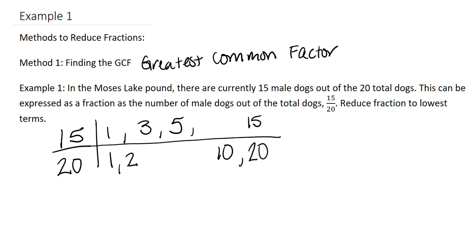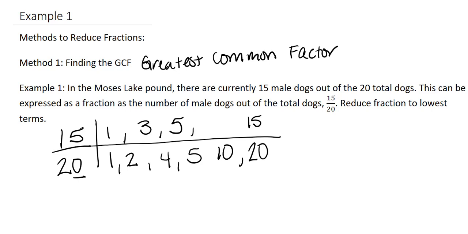So 3 is not one. Then we can look at the next number. It ends in a 0, so 5 could be a factor. So 20 divided by 5 is equal to 4. So we would say 4 and 5 are also factors of 20. And that would be it, because we know 6 or 7 doesn't work, and so these are the factors of 20.